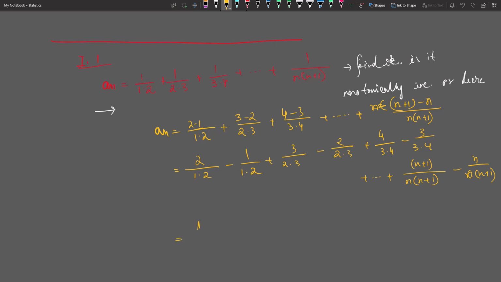So this will be 1 by 1, basically this is 1, this is 1 by 2, plus this is 1 by 2, minus this is 1 by 3, this is plus 1 by 2.